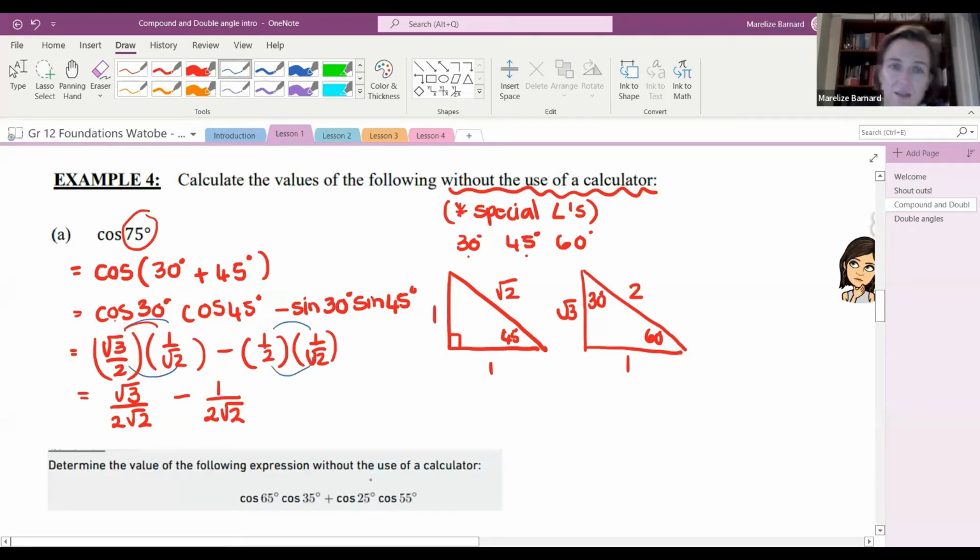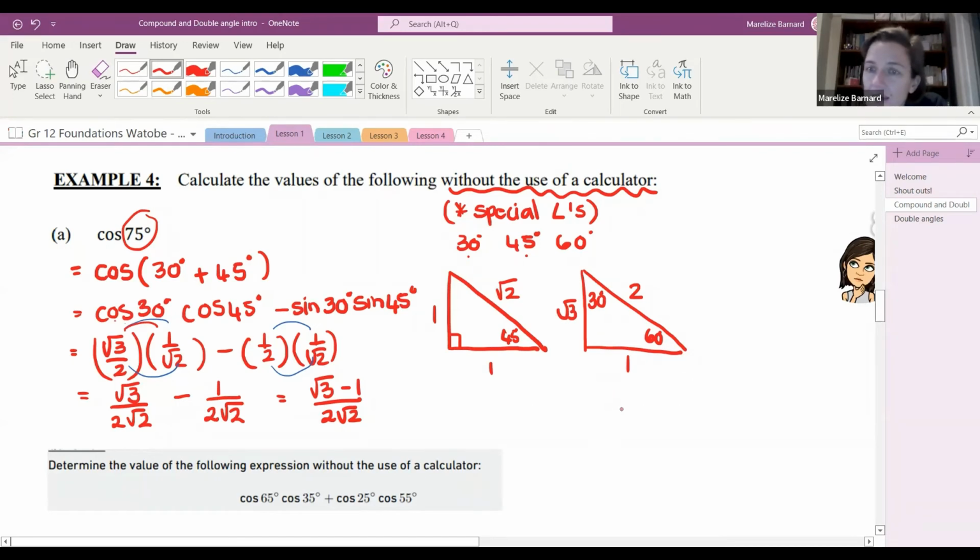Numerator with numerator, denominator with denominator. And now we actually get two fractions with the same denominator. So we can put them over 2 root 2. Some of you are probably wondering if we need to rationalize the denominator. You can do it, or you can leave it as is.